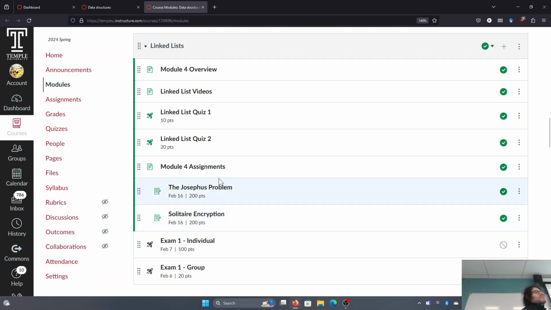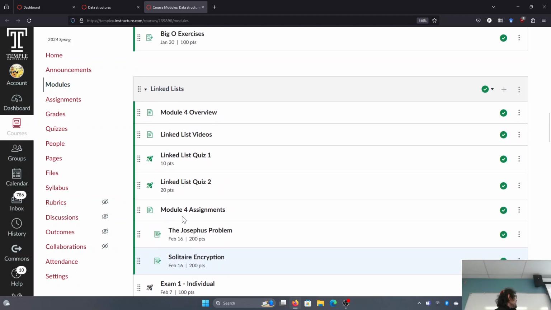Both of them use the same base code, so if you find that you started solitary encryption and it was a bit more than you could chew at the moment because of all your other classes, it's very little effort to switch to the Josephus problem because you're not going to be throwing out that core code they both share.